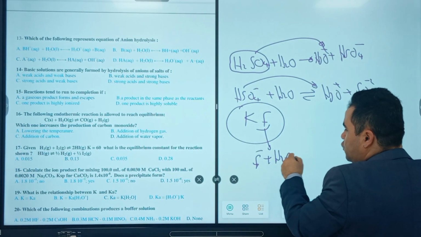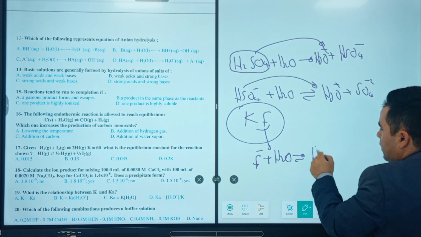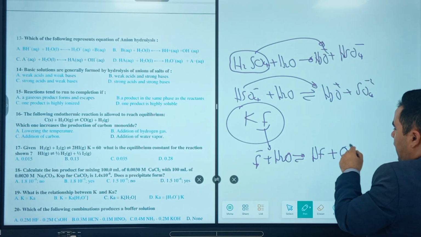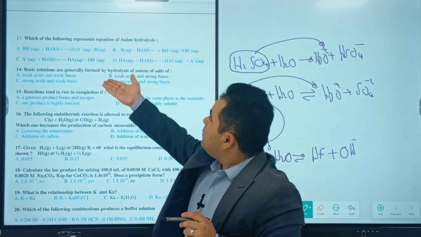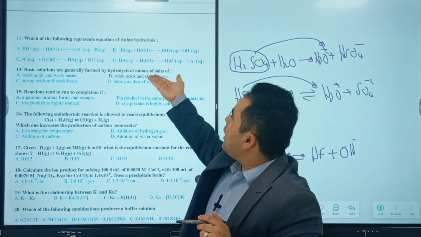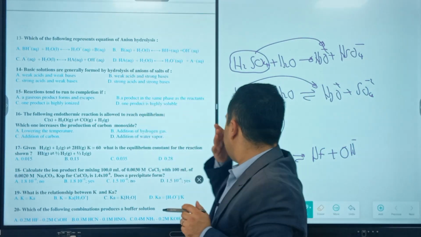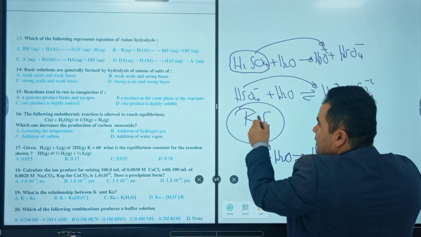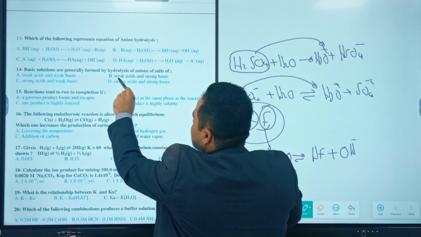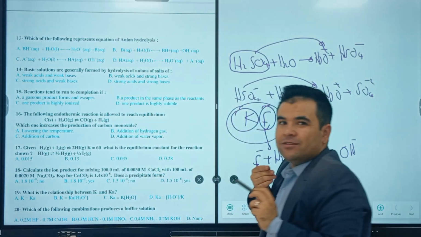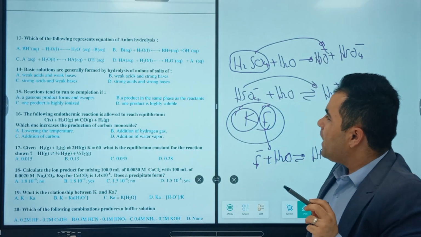It can react with H2O to produce HF plus hydroxide. Of course, it comes from a strong base and weak acid. Weak acid and strong base. B is the correct answer.